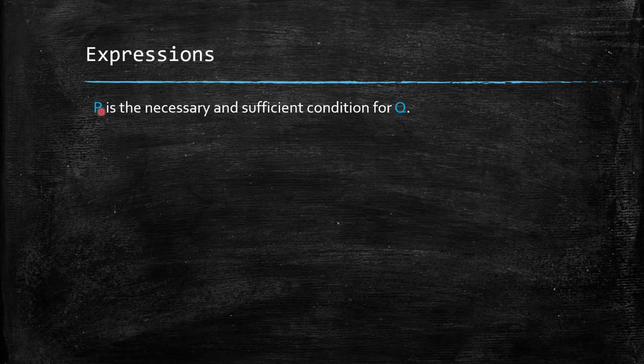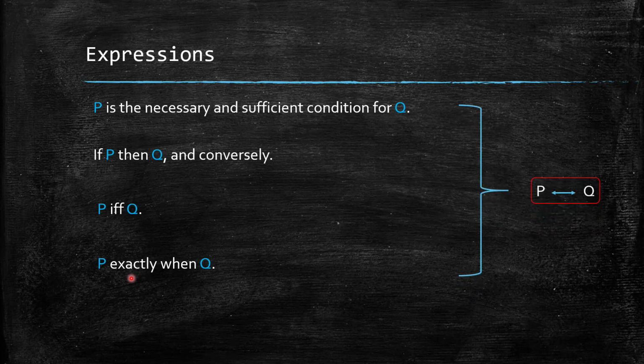Now as P and Q both have to happen together or not happen at all, that's why for biconditionals we say P is the necessary and sufficient condition for Q, right? This could be in this form as well: if P then Q, and conversely, if Q then P. Also, P iff Q is the short form of if and only if. Or we can write P exactly when Q. All of these statements are stating the same fact, a biconditional statement.